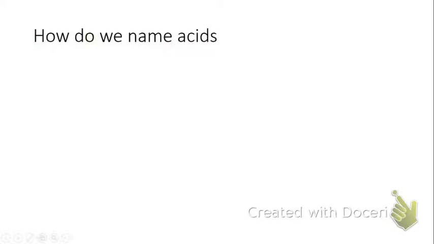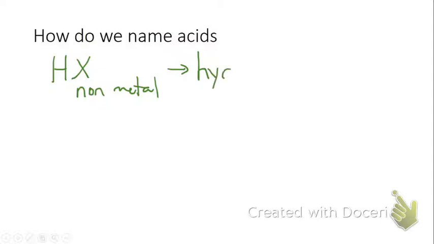There are two different types of acids that we're going to see. The first type we're going to look at is H followed by some element, usually a nonmetal. The way we name these acids is you always have hydro followed by the element root.